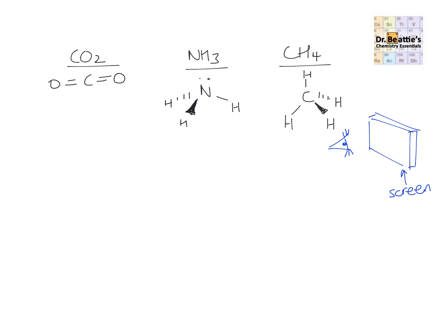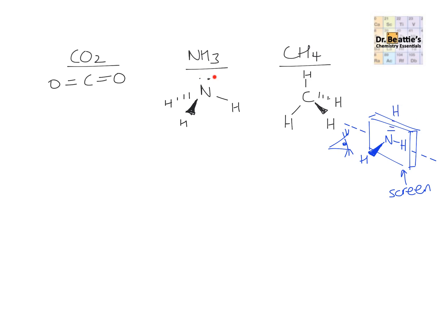So imagine this is the screen and this is you watching the screen. We just put this at a slight perspective so you can see it. And so we're going to have this nitrogen and solid hydrogen bond in the same plane as the screen. And you can see that it's all following the same line. And then here we have the wedge coming towards us, followed by the dash line going away.